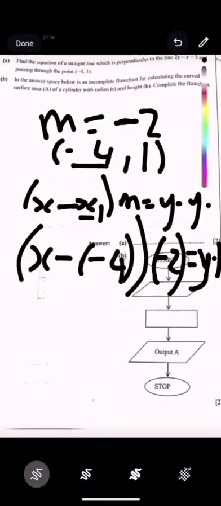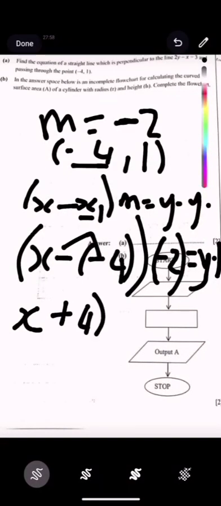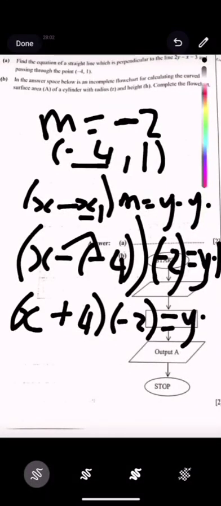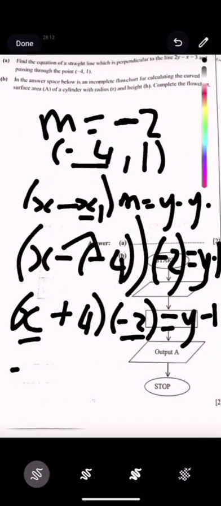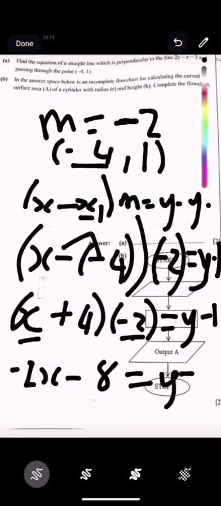So it's going to be x, negative times negative, plus 4 in brackets, negative 2 here. So y minus 1. Negative 2 times x, negative 2x. Negative 2 times 4, negative 8. Y minus 1. You can bring negative 1 this side.